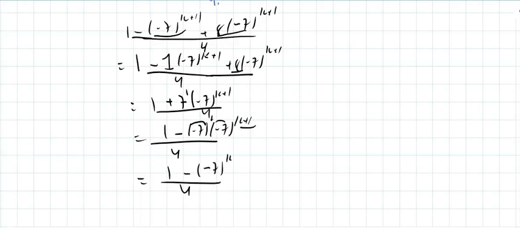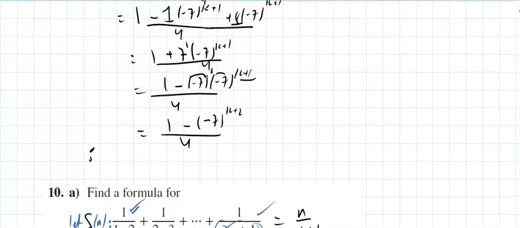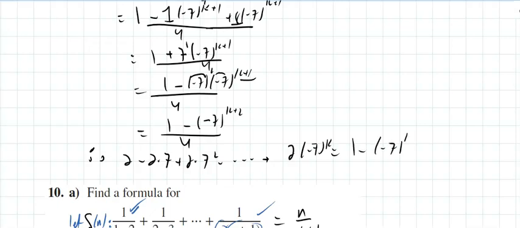K plus 1 plus 1 is k plus 2, which is what I wanted. So therefore, 2 minus 2 times 7 plus 2 times 7 squared plus ... plus 2 times negative 7 to the k must equal 1 minus a negative 7 to the k plus 1 divided by 4, the original definition every time.